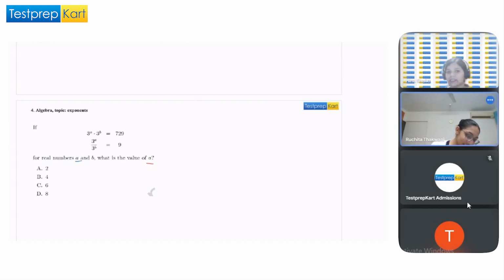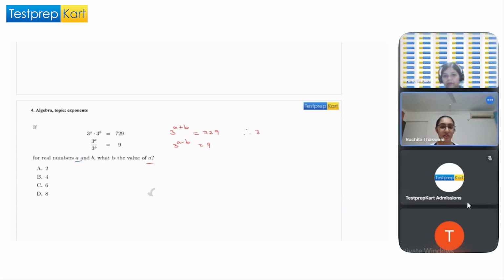See, this one you would have got 3 raised to A plus B is equal to 729. This one you would have got 3 raised to A minus B is equal to 9. Then how will we compare? When the base is the same, then I can compare the power.